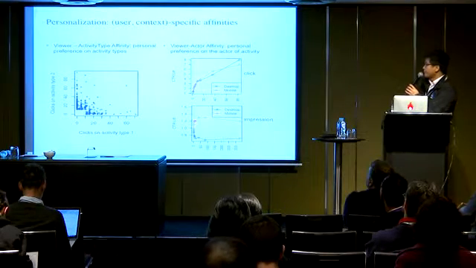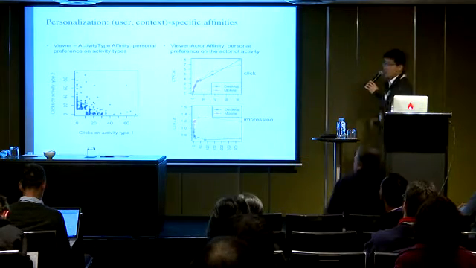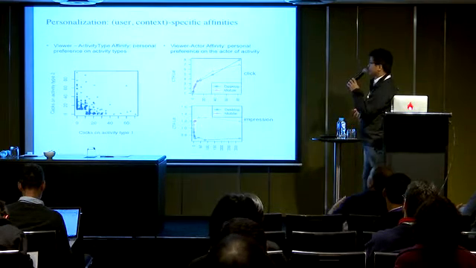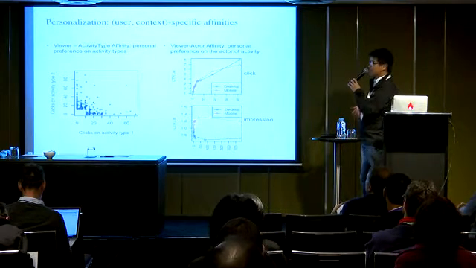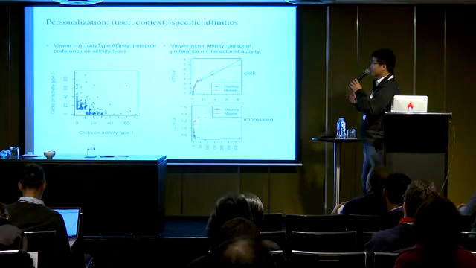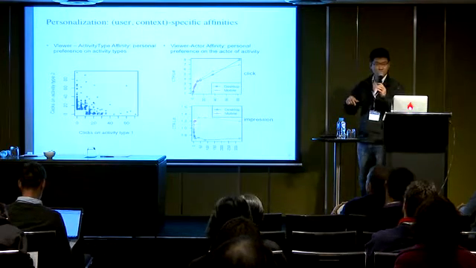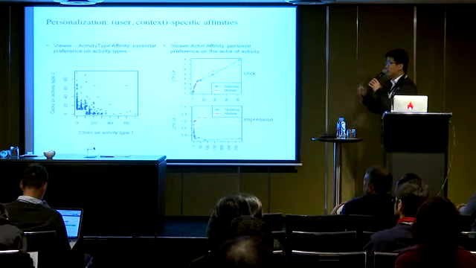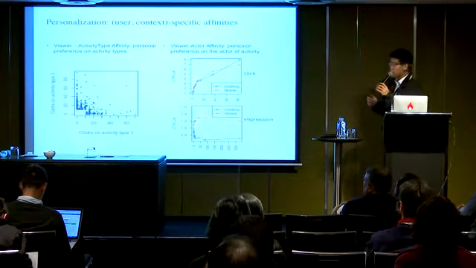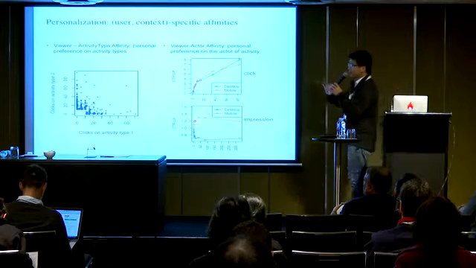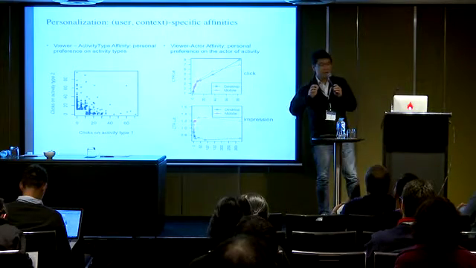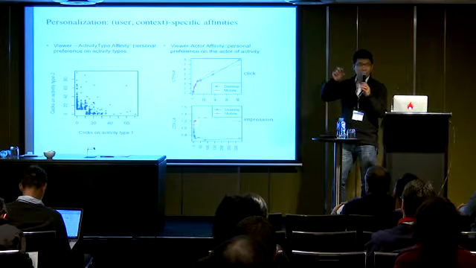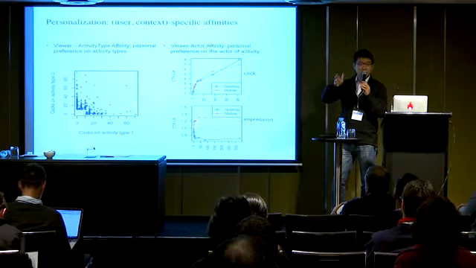So our idea is that we want to do personalization to enhance user experience, which means that for a given activity we want to compute, in this work, two kinds of affinity scores, which are user context specific affinity scores. The first one: if you go to the LinkedIn feed, for each activity we can describe the activity with three elements.